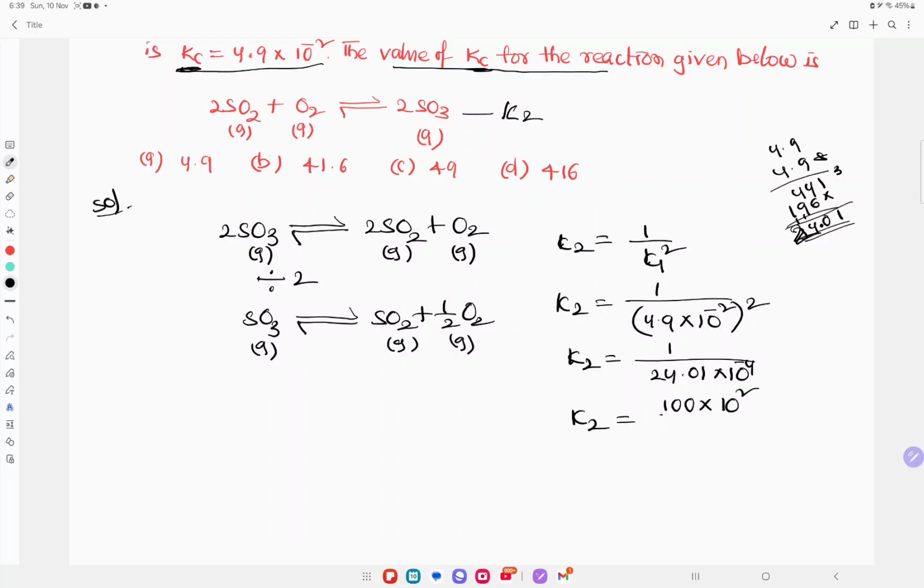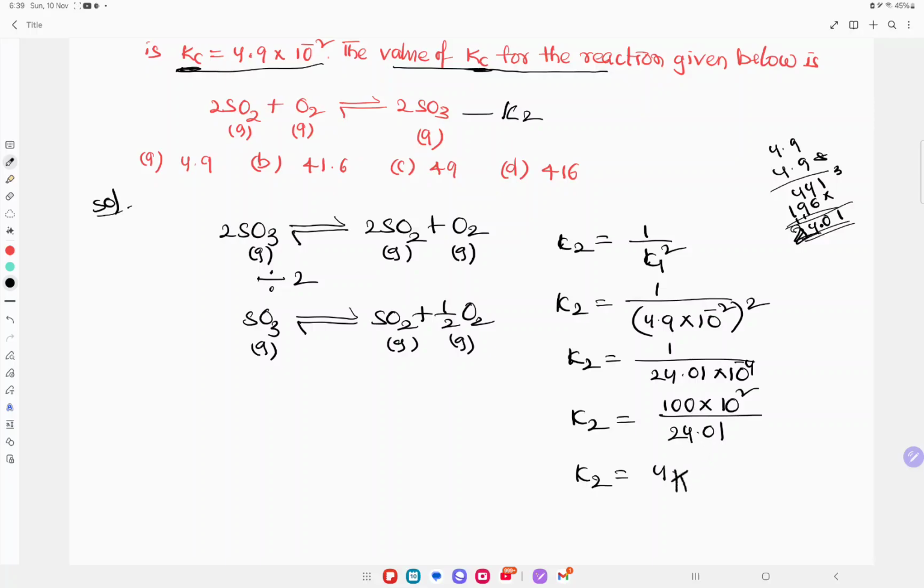So 10² into 10²/24.01. If you divide 100 by 24.01, it becomes first 4 times, then 96.